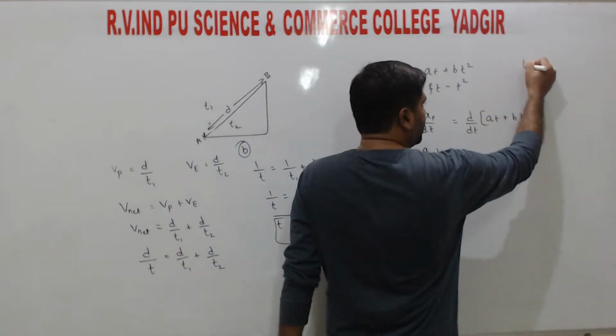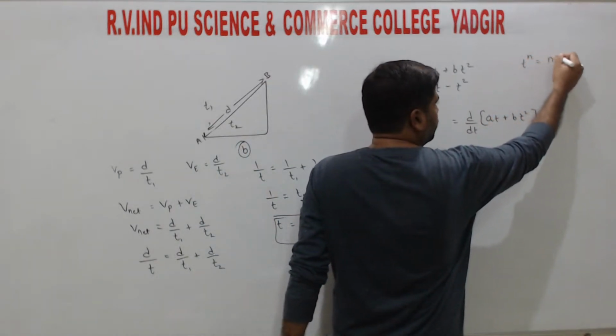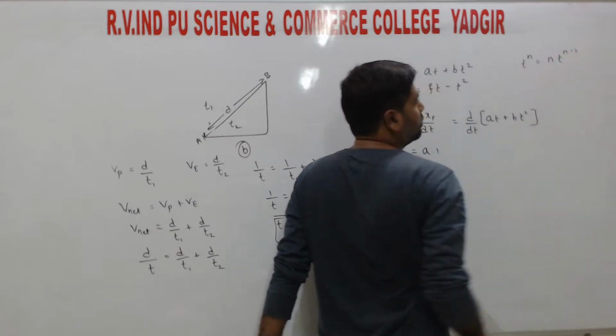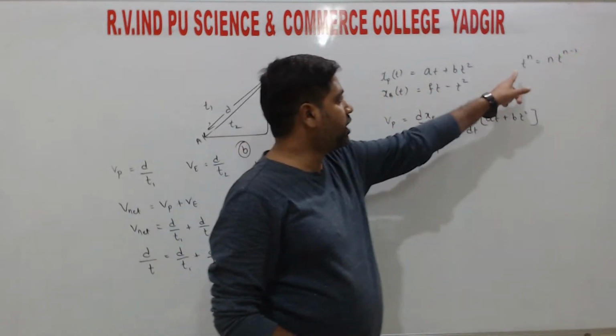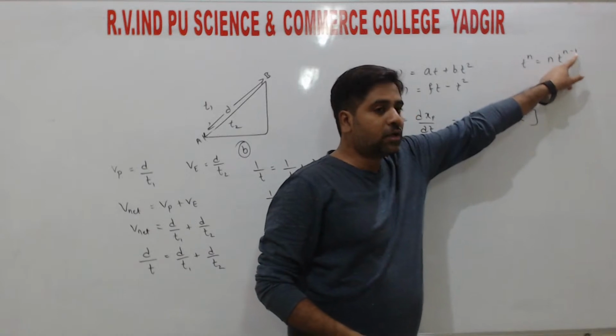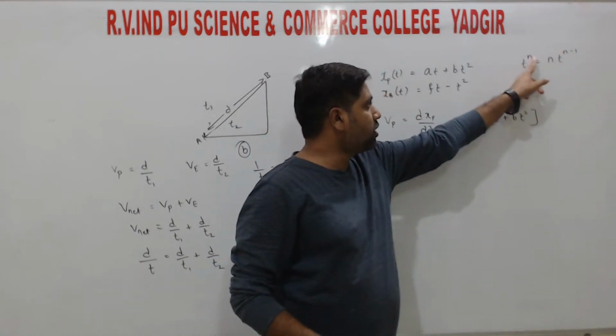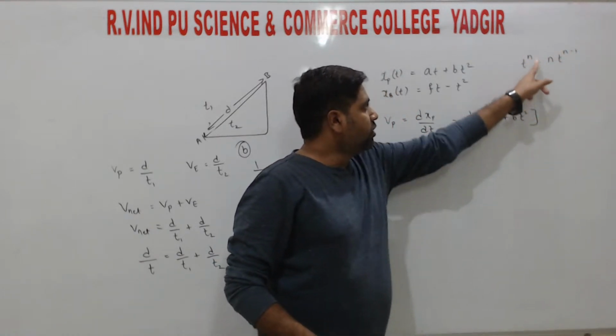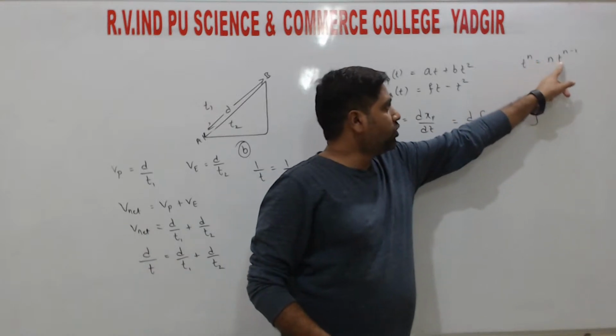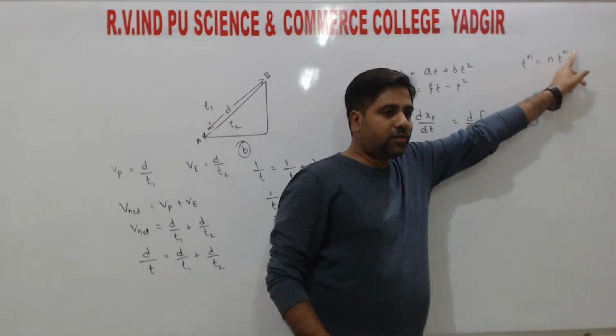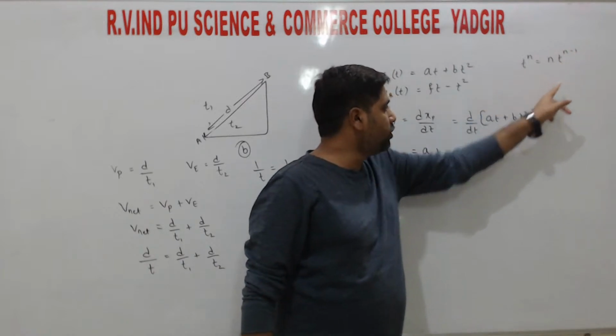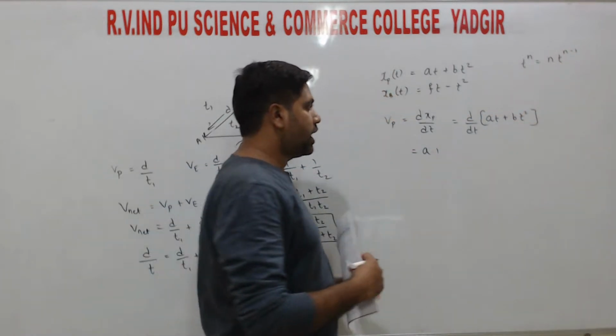So again, I am writing here, t to the power n differentiated is equal to n into t power n minus 1. So here t power is 1. So if we differentiate t power 1, we get 1 into t power 1 minus 1. 1 minus 1 is 0, so t power 0 is 1. So 1 into 1, we get 1, right?